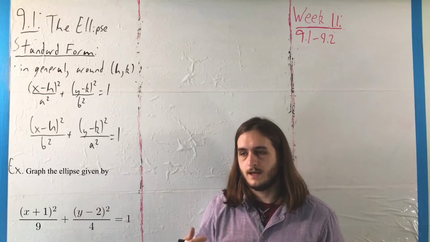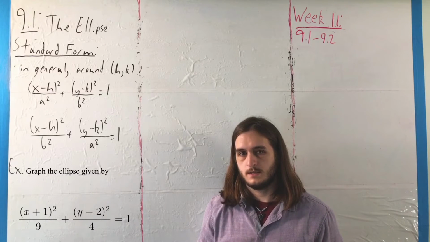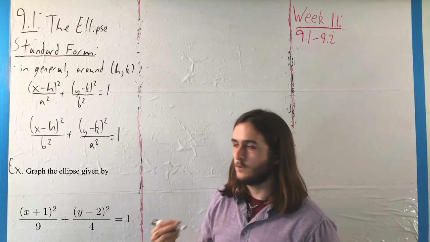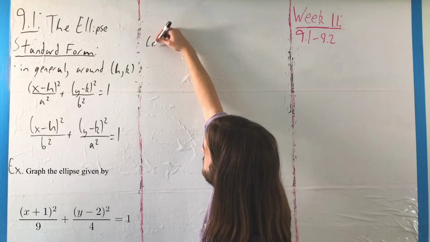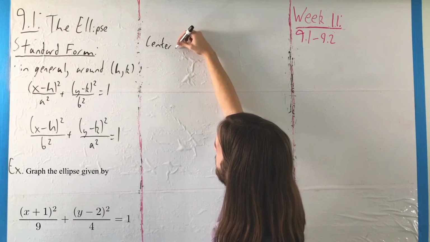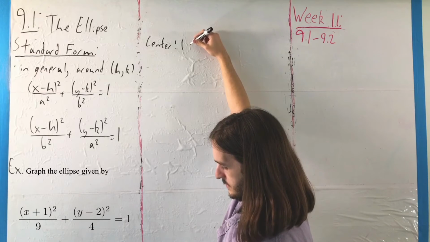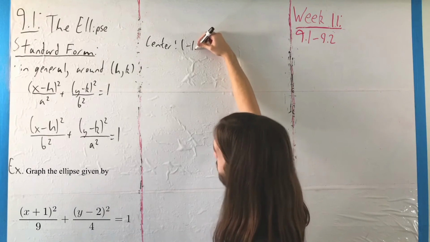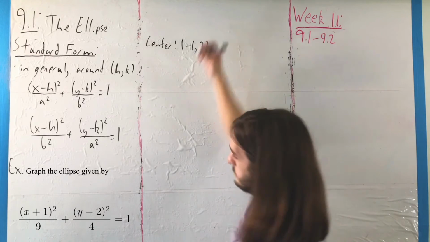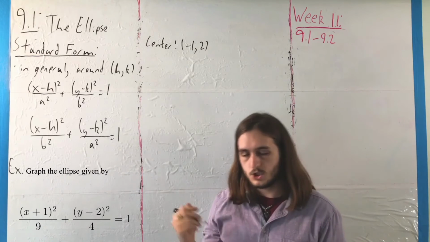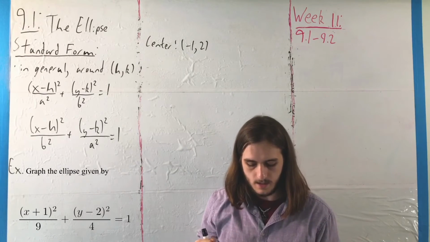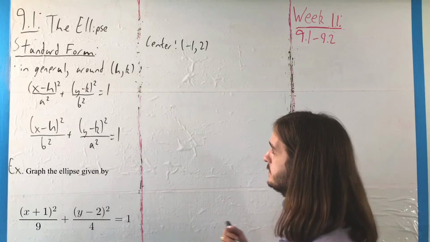So we will have a horizontally oriented ellipse with center at the point (-1, 2), based on the fact that we have h equals -1 and k equals 2 for this pattern.